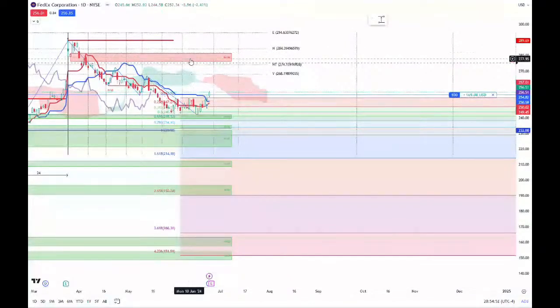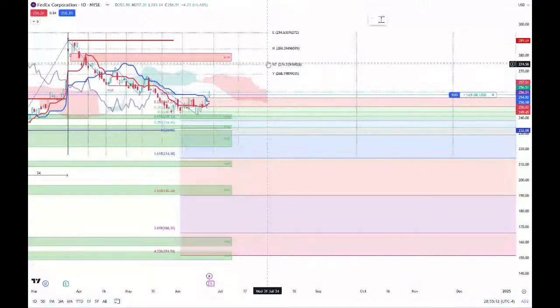for 280. Okay. So meaning for me, and actually you can see the cloud, even like things try to change to be positive, we still don't have the confirmation on the green side of the cloud from this Ichimoku.